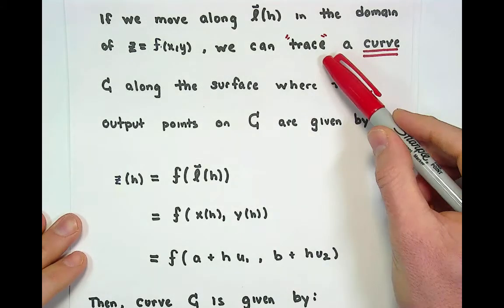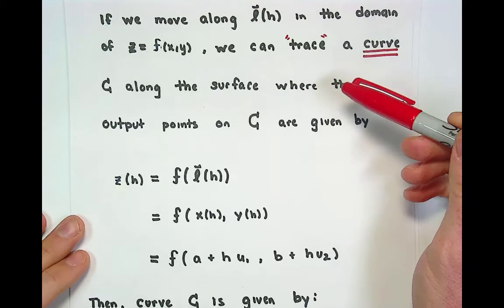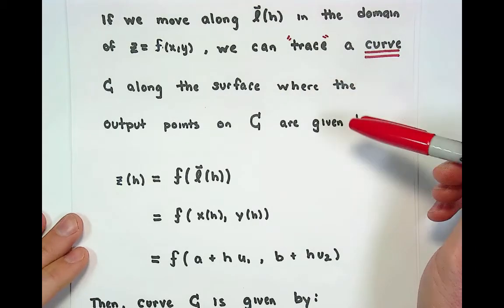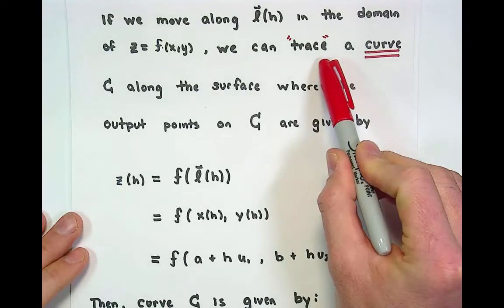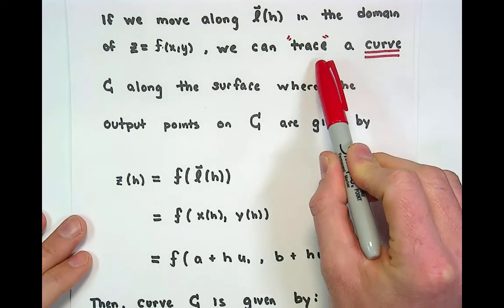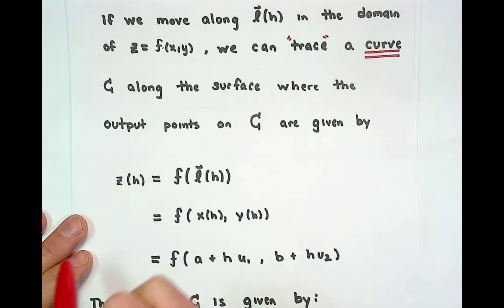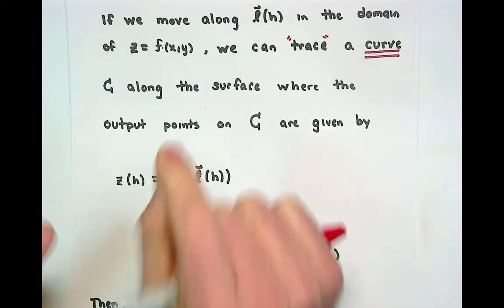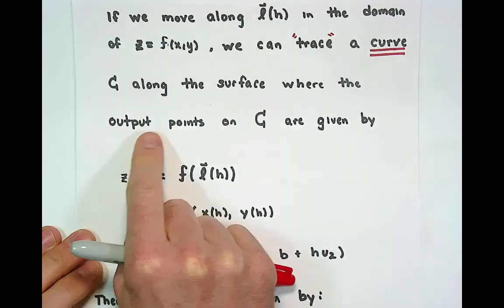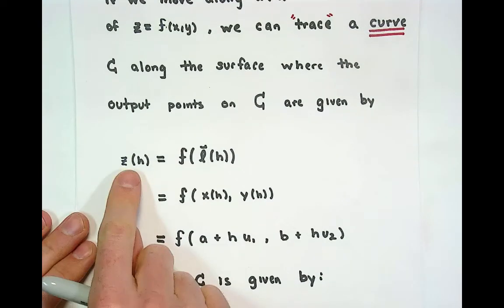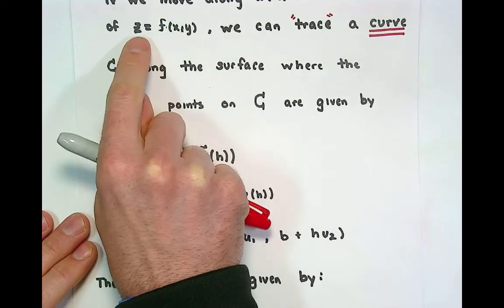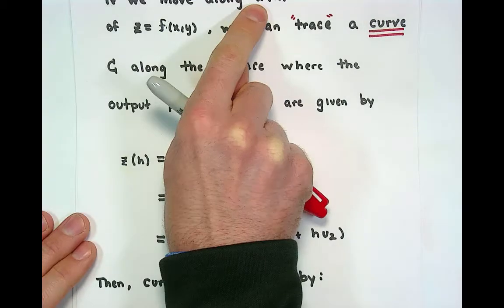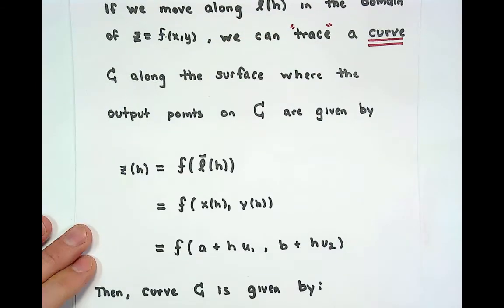It's not a trace by intersecting a plane in the direction of x or the direction of y or direction of z. Instead, it is the intersection of a very, very special plane with the surface, and that intersection is some sort of curve in R3, where the output points of this curve are given by the function z of f of xy, where we limit x and y to be on the line L of h.